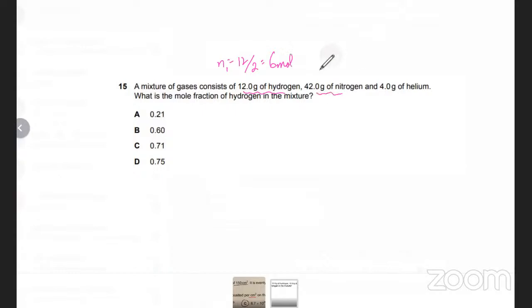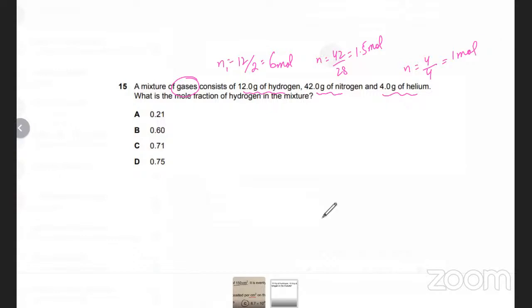42 grams of nitrogen. So how many moles is that? That's 42 divided by 28, because nitrogen is N2. Remember the gases. So what do you get for this? That's 1.5 moles. Please confirm. And you've got 4 grams of helium. So how many moles is that? That's 4 divided by 4. That's 1 mole.